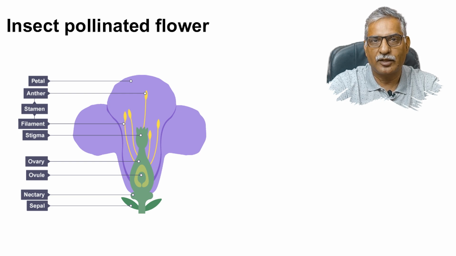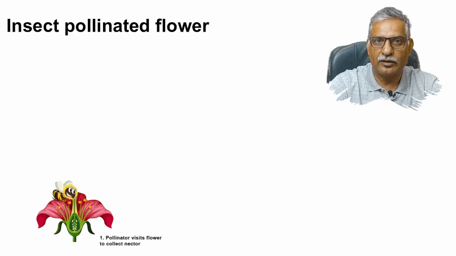When insects reach these flowers, there must be another incentive for them, and that incentive is in the form of nectar. Nectar is a sugar rich fluid that is produced by nectaries at the base of the ovaries in these flowers.